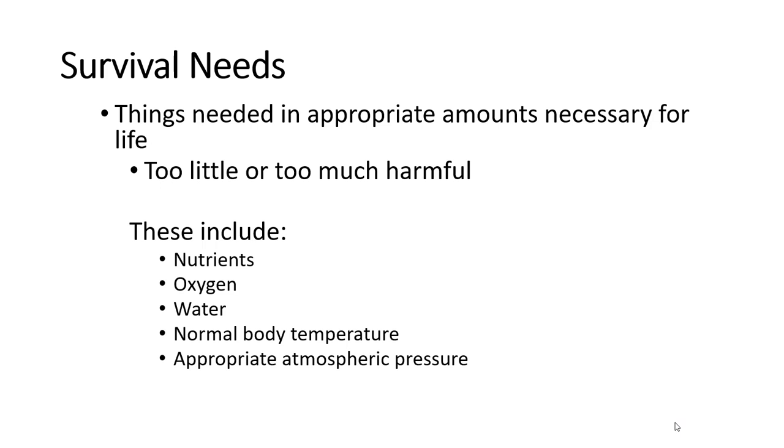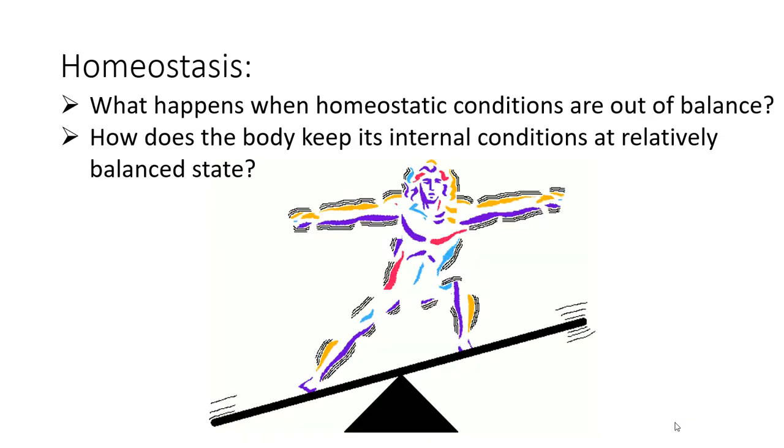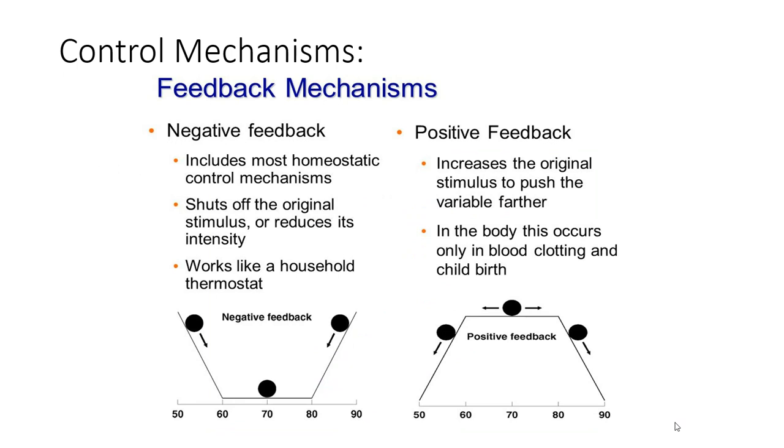So the items we're going to look at are nutrients, oxygen, water, normal body temperature, and an appropriate atmospheric pressure. So again, as we look at homeostasis, what happens when homeostatic conditions are out of balance? How does the body keep an internal condition at a relatively balanced state?